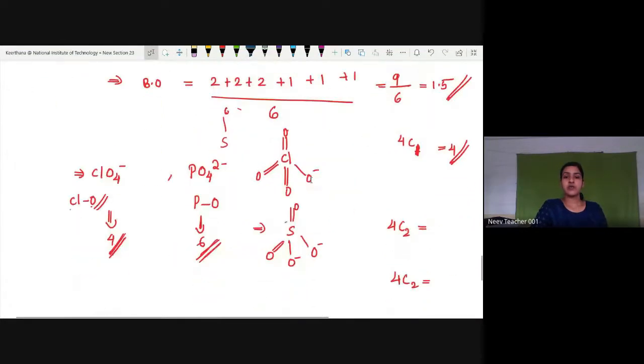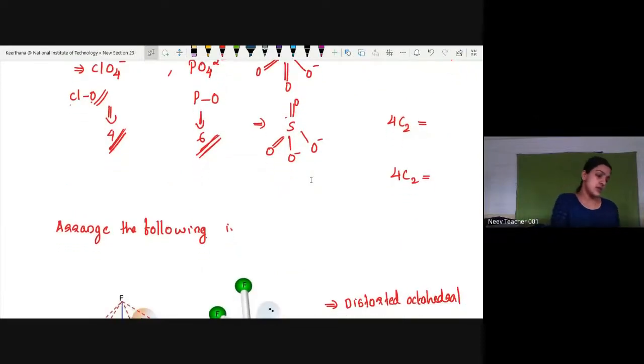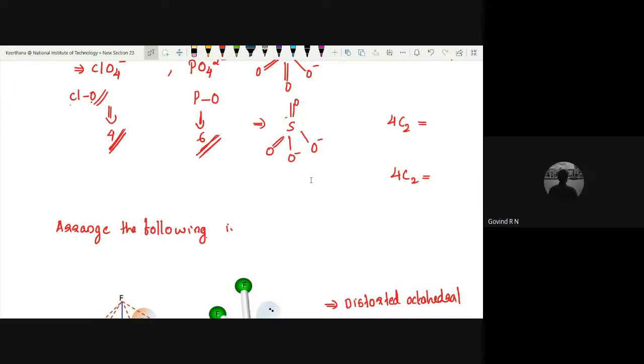So what about this? What's your answer for ClO4 minus and PO4 3 minus? What is the bond order in ClO4 minus? Tell me. How many resonance structures are possible? 4.